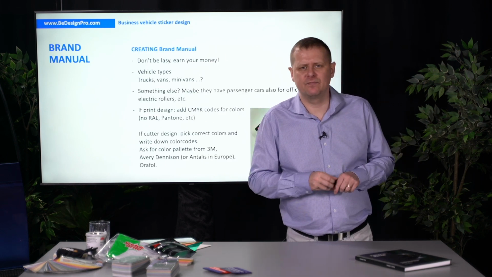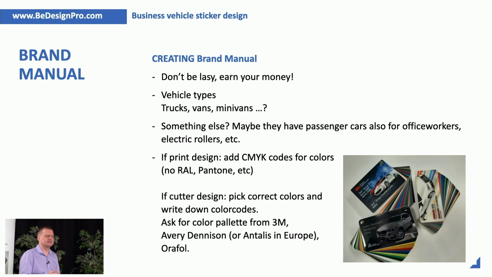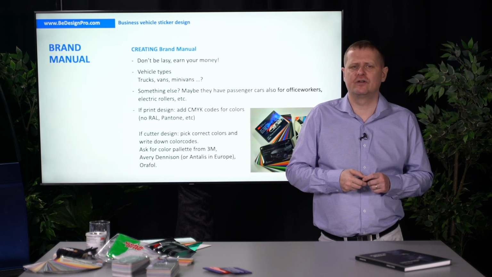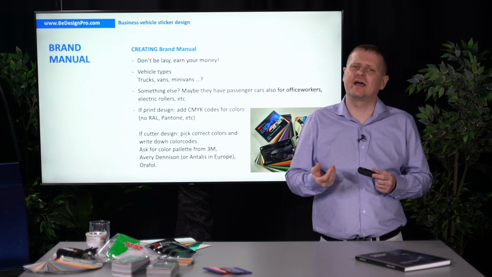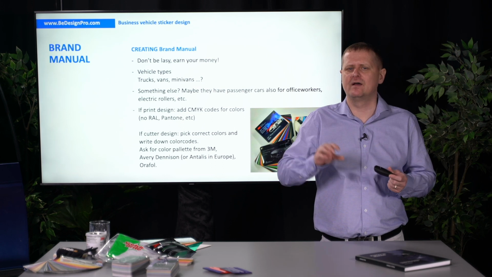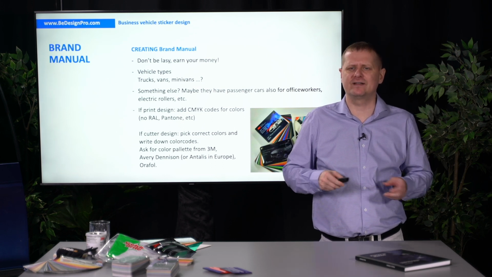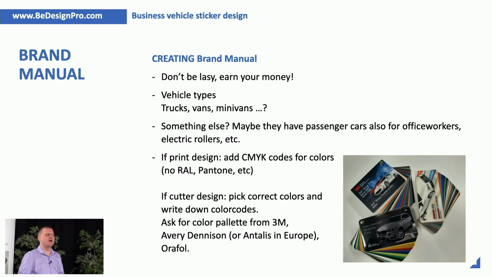If you are creating a brand manual for a client, I recommend including a few specific sub-paragraphs. First of all, what classes of vehicles are included. When a client approaches us, we are usually told that they have, for example, 150 trucks, 100 vans or 25 minivans. However, those are usually just the vehicles that are on the job.